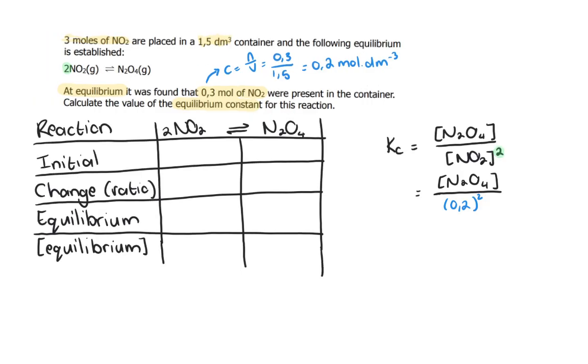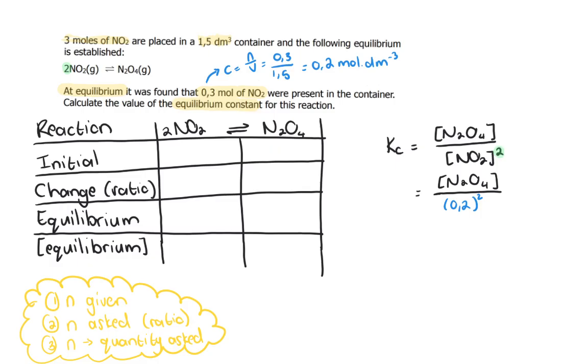Because remember that in my stoichiometric calculations, I always calculated the moles of the product or the reactant that they gave you the most information on, and then you calculate the moles of the product or reactant that they asked you about, using your ratios.